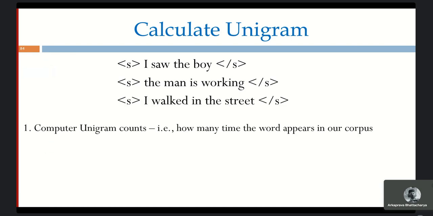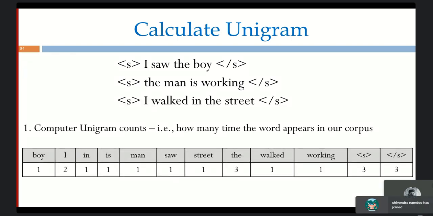Then you build your unigram count table, which is how many times the words are seen in the corpus. So this is my unigram count table where I got the count of all the words. You can see start and end are also considered here.